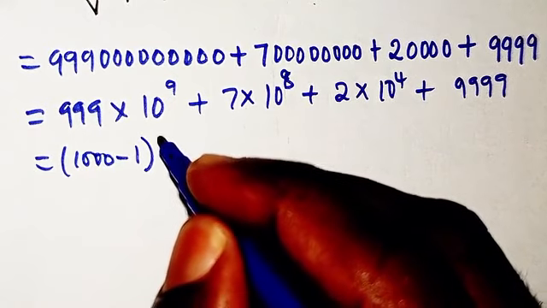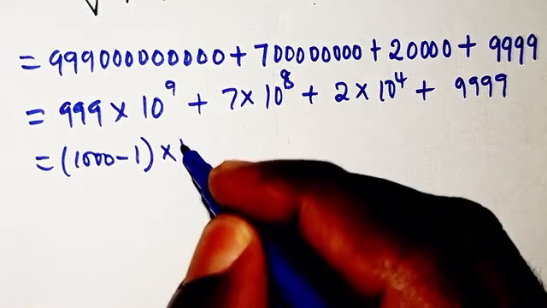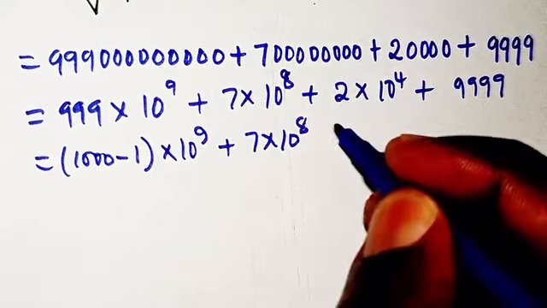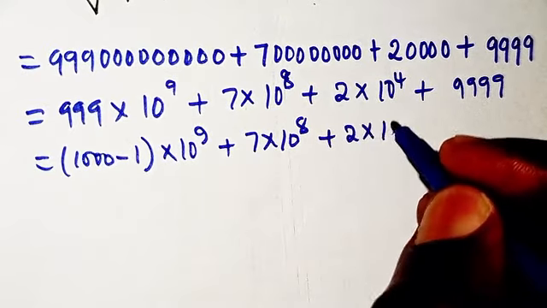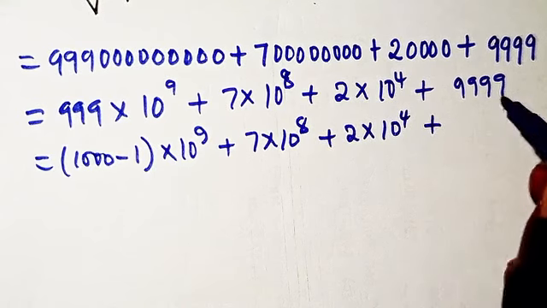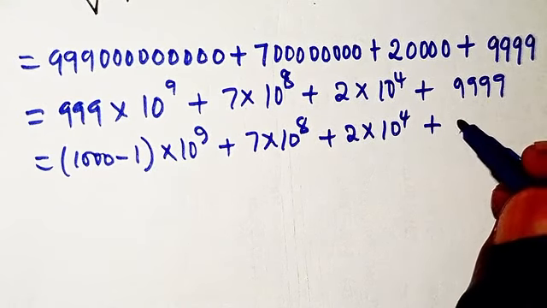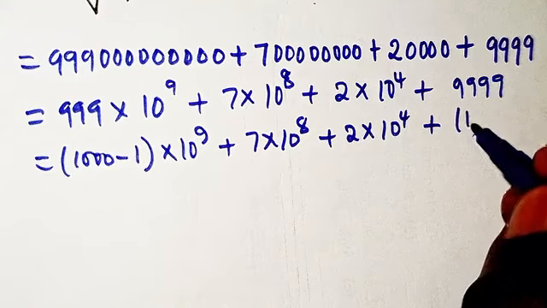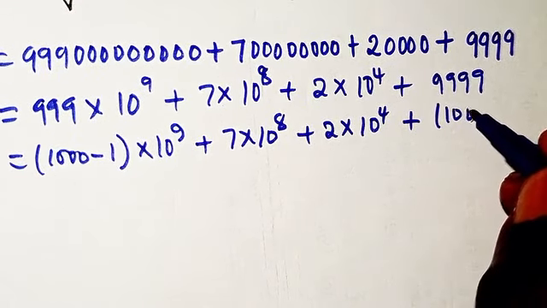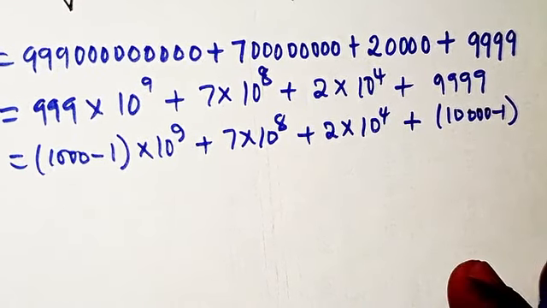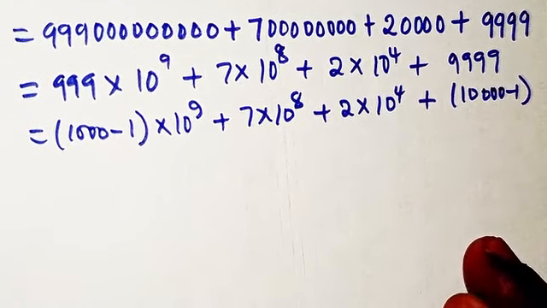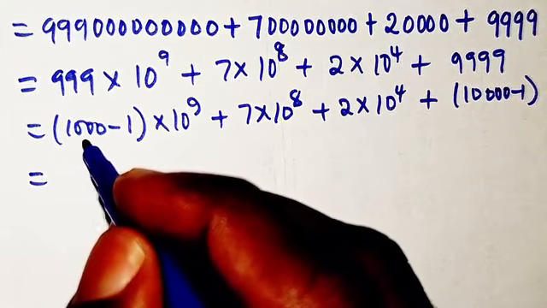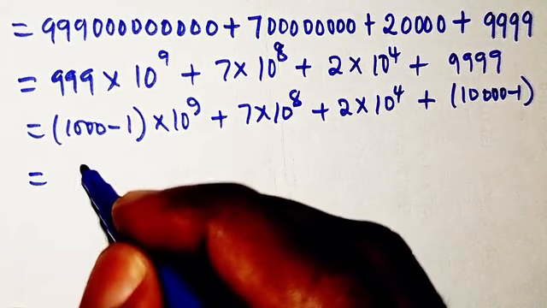Then multiply by 10 to the power of 9, then plus 7 times 10 to the power of 8, plus 2 times 10 to the power of 4, then plus here, since this is 9999, I can rewrite it as 10,000 minus 1. Are you following? So now from there, we move on by writing this 1000 here in index number.